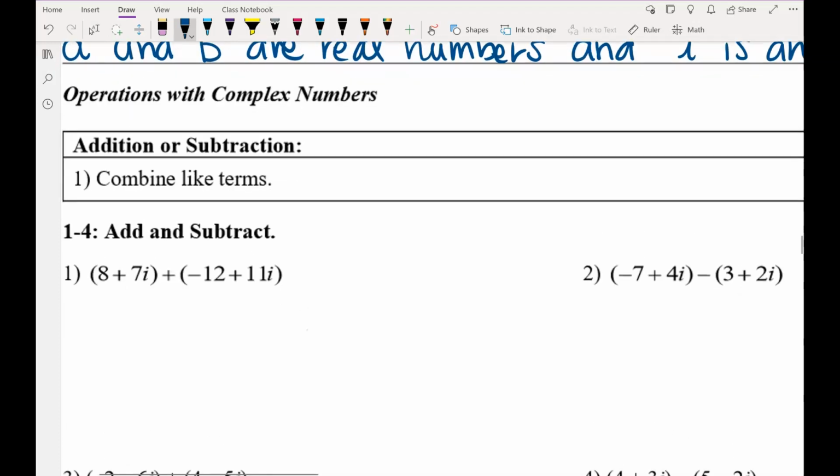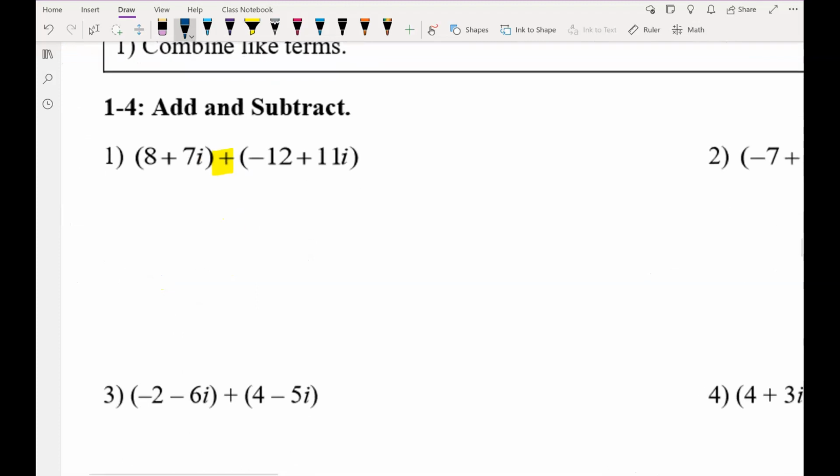So examples 1 to 4. Example 1: the quantity of 8 plus 7i plus the quantity of negative 12 plus 11i. We have an addition problem. So when we have an addition problem, students, we don't have to worry about distributing anything because we can just write them as is without changing any sign.